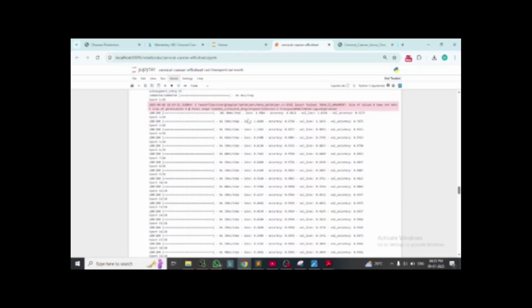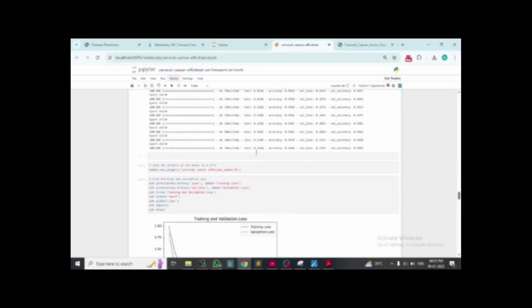Earlier we got loss of 1.9884, accuracy of 0.41, validate loss of 1.8354, validate accuracy of 0.5275. Then finally we got loss of 0.2454, accuracy of 0.9964, validate loss of 0.2395, and validate accuracy of 0.9962.